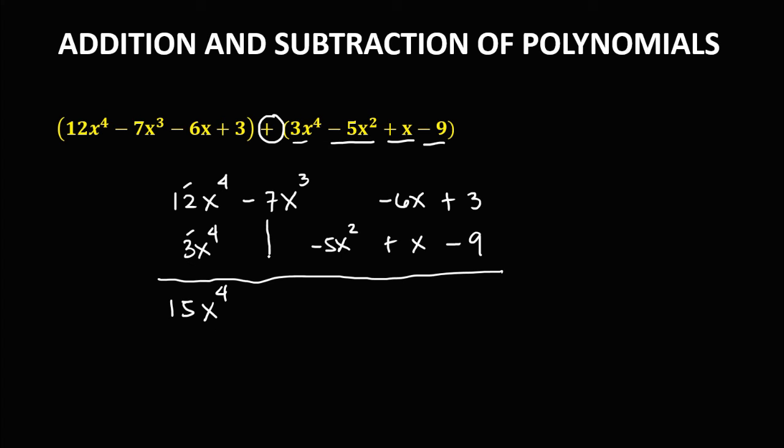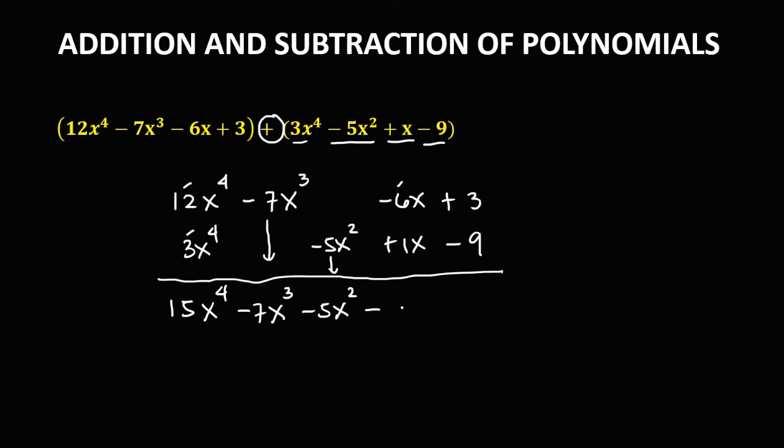Then just bring down this negative 7x to the power 3. So we have negative 7x to the power 3. And also just bring down this negative 5x to the power 2. Then negative 6 plus 1x. Since 6 is greater than 1, this one is negative.